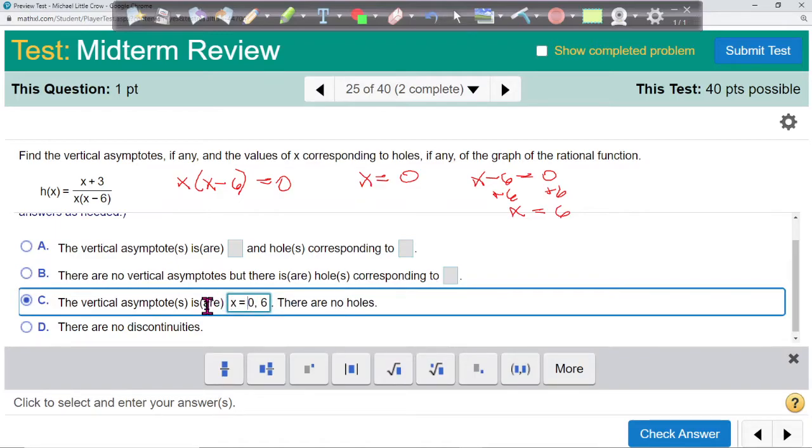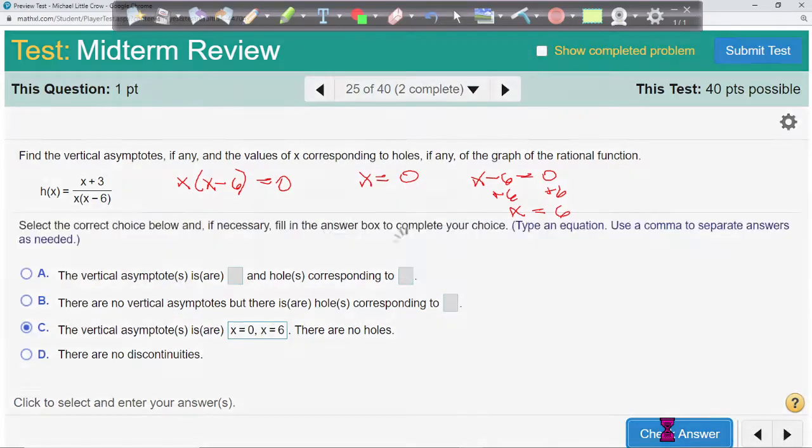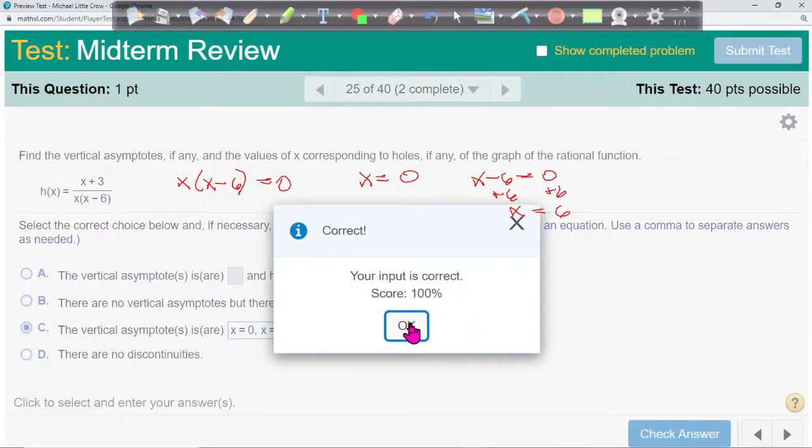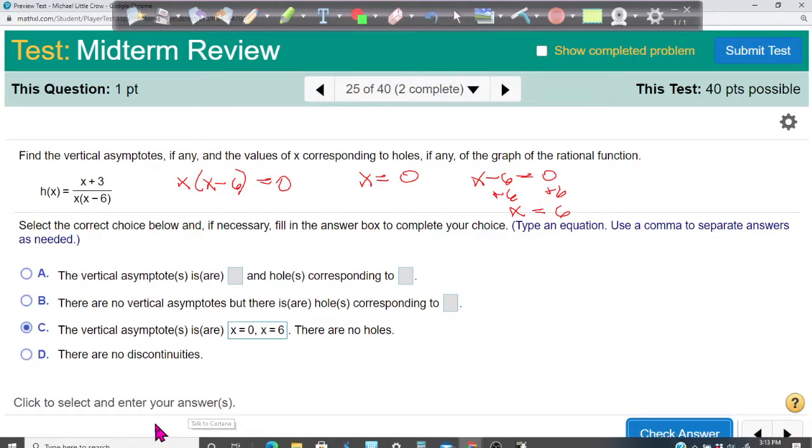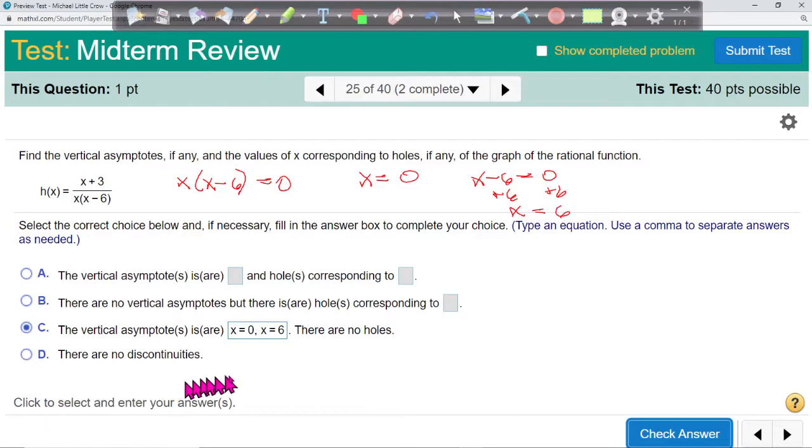Write an equation, x equals 0 and x equals 6. Those are the asymptotes. I'll put maybe a space there. I don't know if that's important or not. Now let's check it. Okay, see, it's happy. Had the right answers, but they wanted, and that makes sense, asymptotes are vertical lines. You need to have x equals.